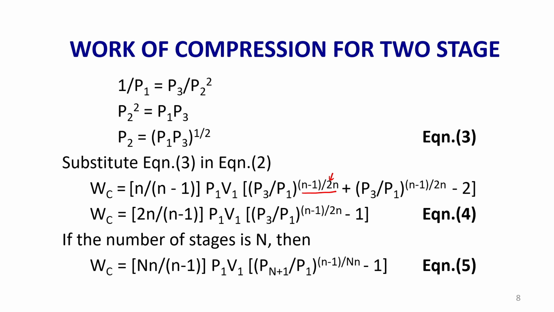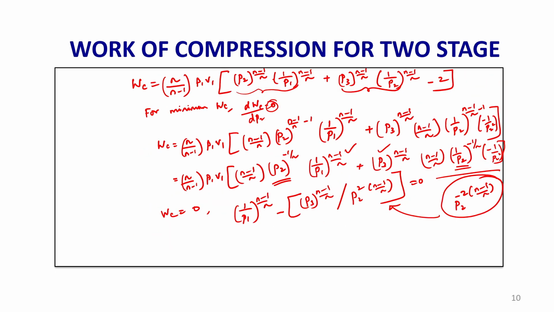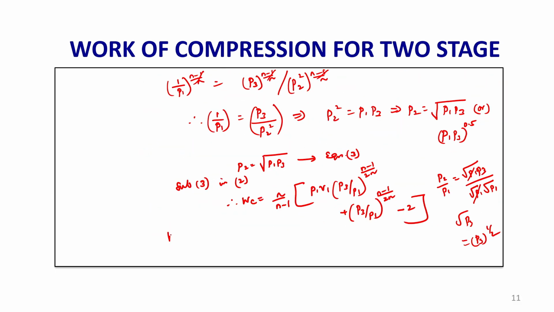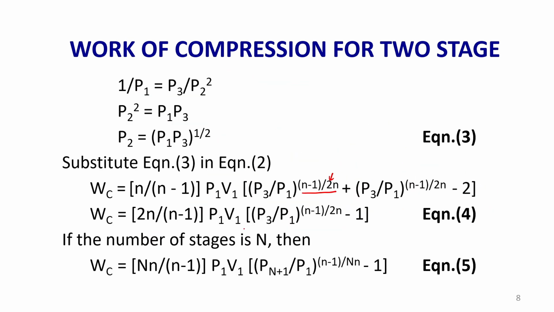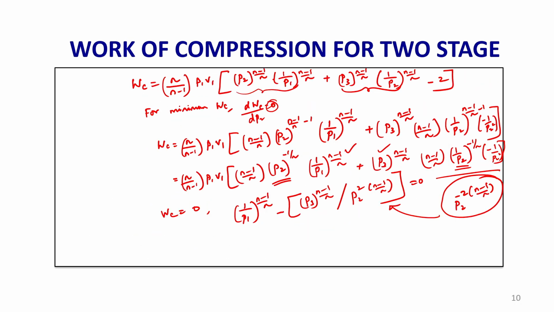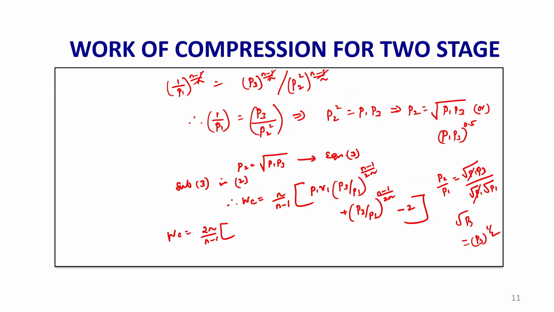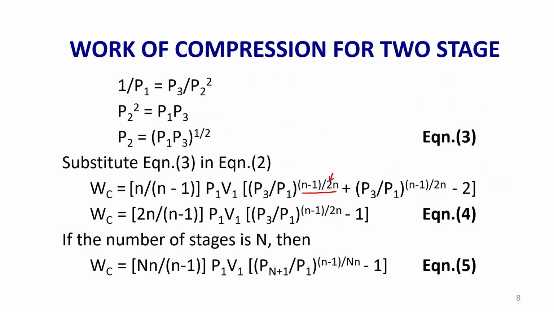When we simplify, the work of compression is 2n divided by n minus 1, into P1 V1, into P3 by P1 whole power n minus 1 by 2n.